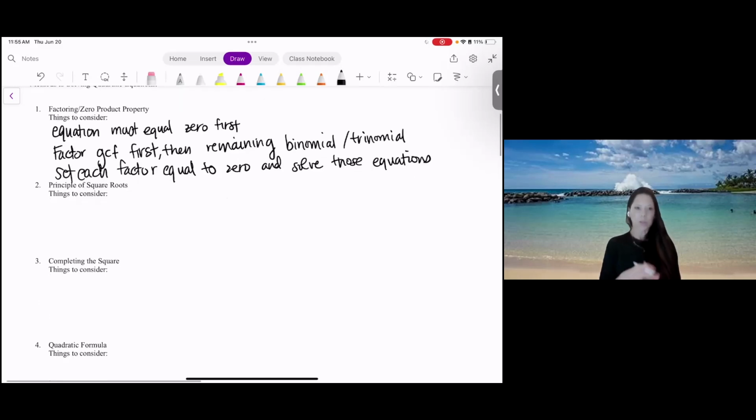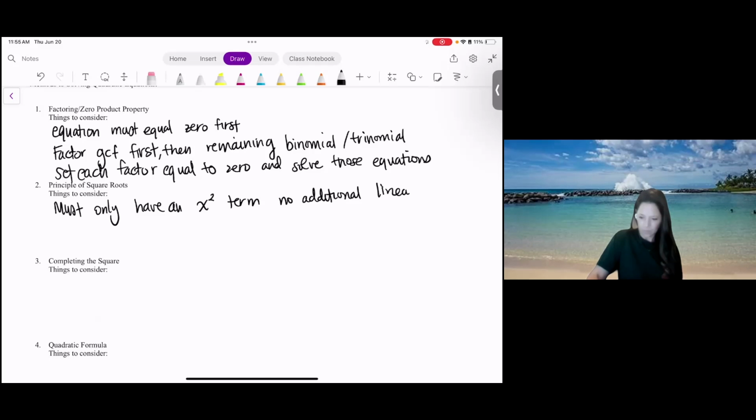Principles of square roots. The things to consider is that you need to have only an x squared term. You need to not have a linear term, meaning you don't have x squared plus x, just an x squared term. The idea behind the principles of square roots is that you get the x squared term by itself and then you square root both sides to solve.